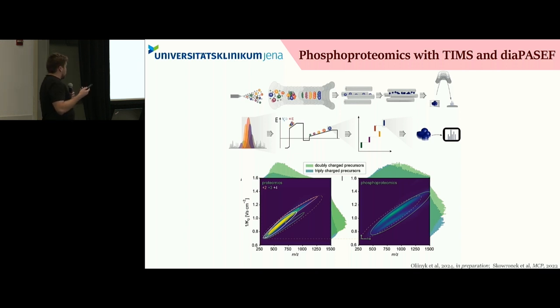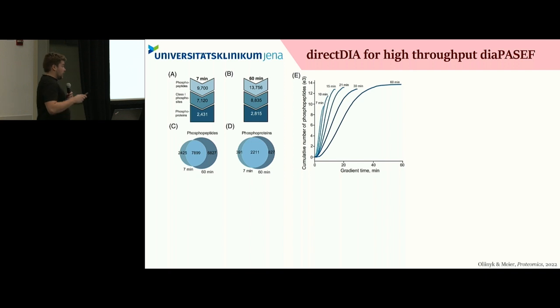But the timsTOF instruments are very fast, so what can we do with it in the context of phosphoproteomics? First things first, we can increase the throughput, and this graph is something that you may have already seen in the previous presentation, but in a slightly different context.